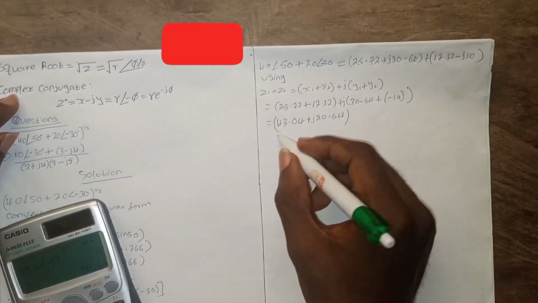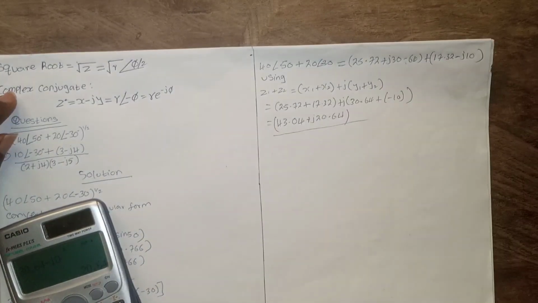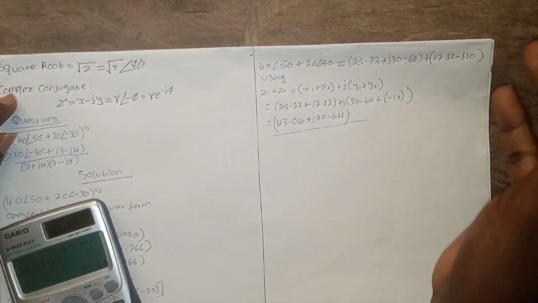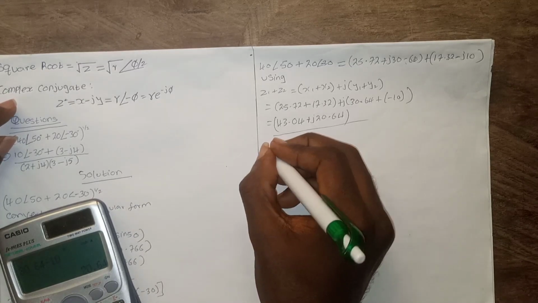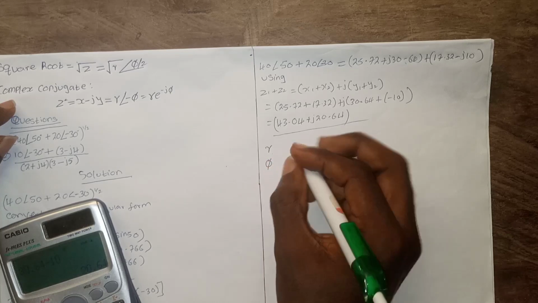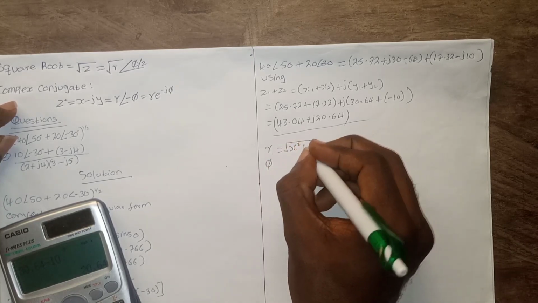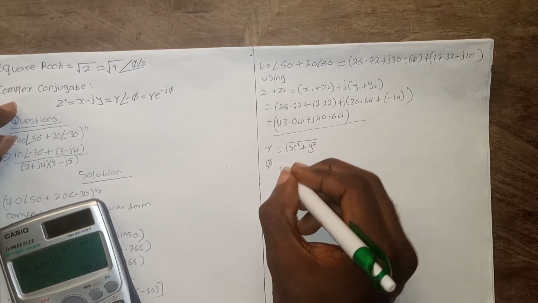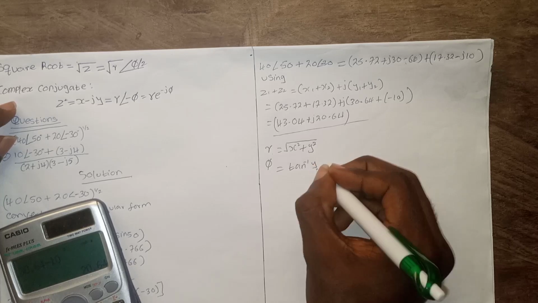We have to convert it back to phasor form, and by converting it back we have to get our R and our angle. Our R is the square root of x squared plus y squared, while our angle is the tan inverse of y over x.